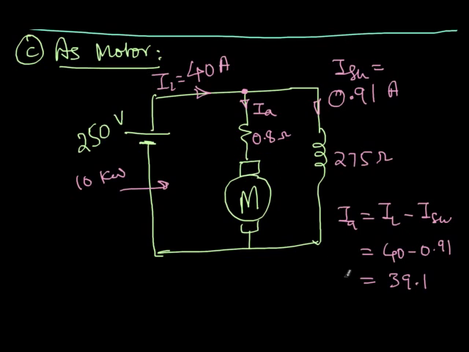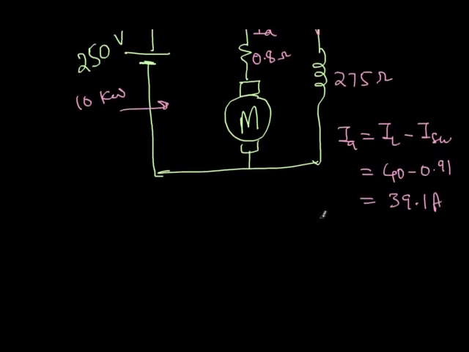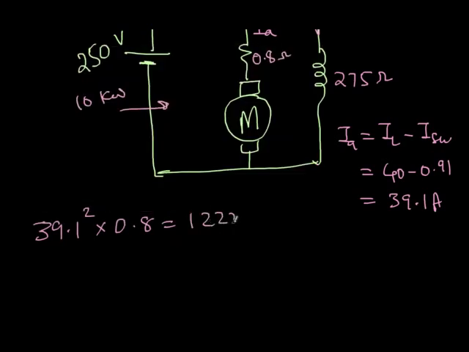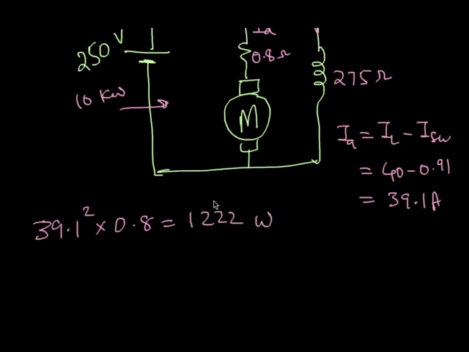So now I can find the copper losses. So 39.1 square into 0.8 is what? I will square this and multiply it with 0.8. That is 1222 watts. I got 1222 watts, sorry, it is the armature copper loss, or the variable loss.